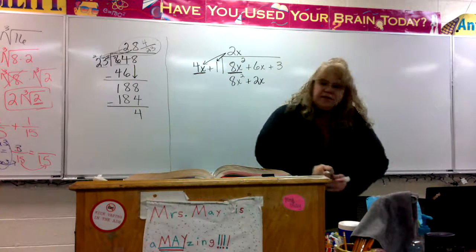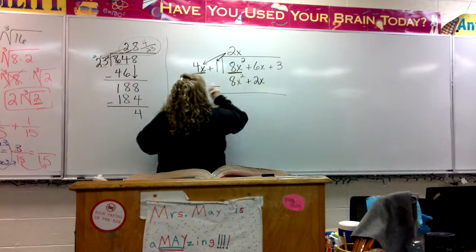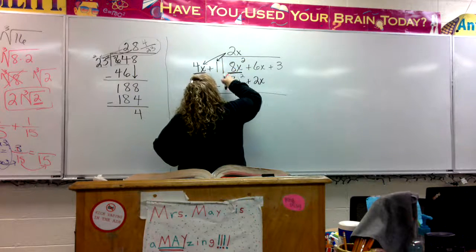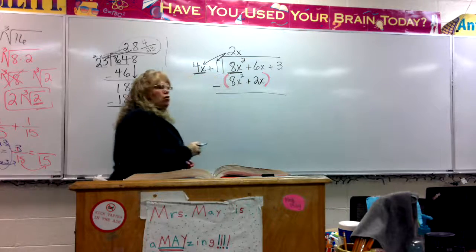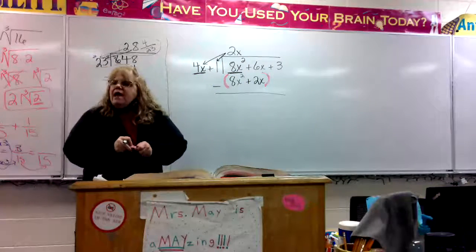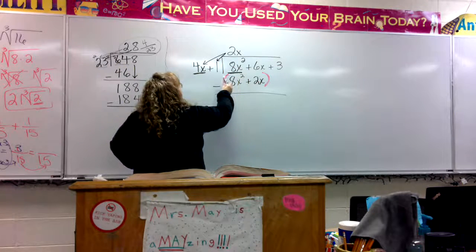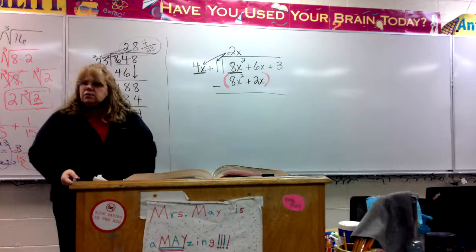Now, after we multiplied, the next step was to subtract. Here's where you have to be a little bit careful because you're going to be subtracting this whole thing. You got to subtract both of those. Everybody always remembers to subtract the first thing. 8x squared, take away 8x squared, that drops out.